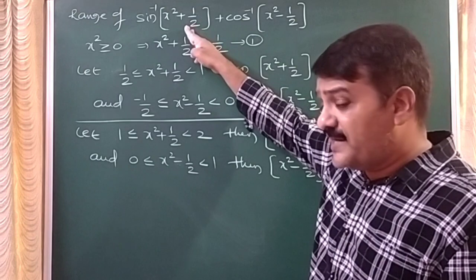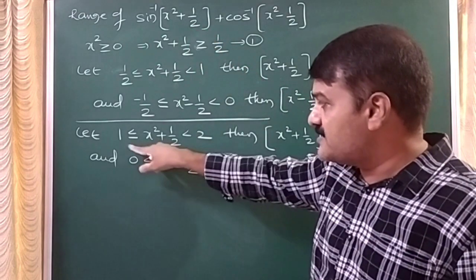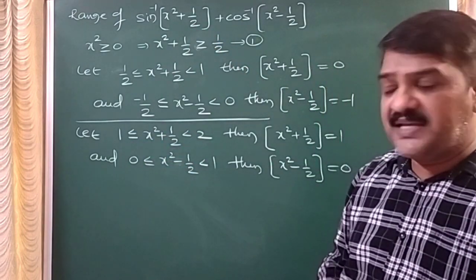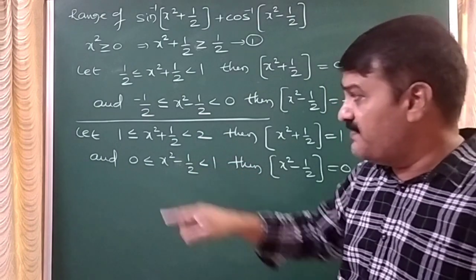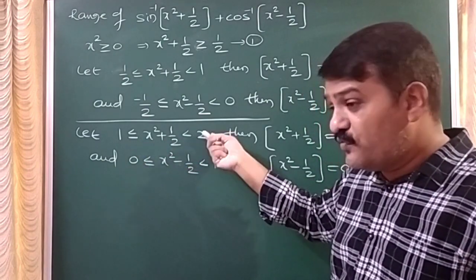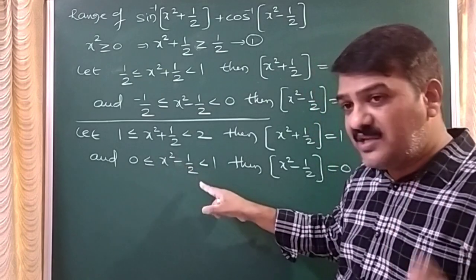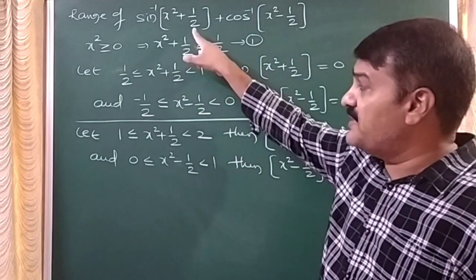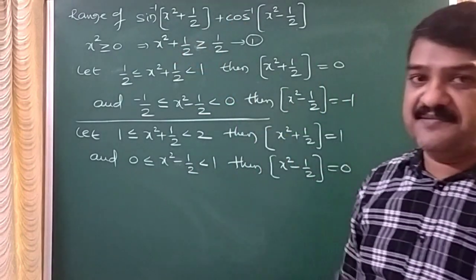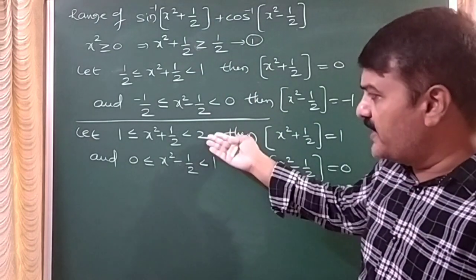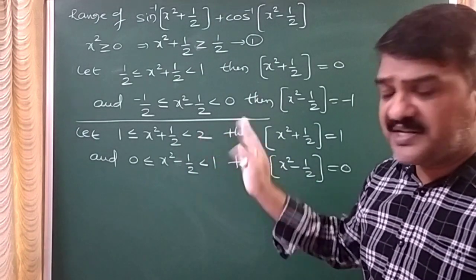Sine inverse is defined only between −1 and 1. So the next step is not required. If you go to the next step, between 2 and 3, the step function becomes 2, and the function is not defined. So no need of going to the next step, 2 to 3, not required.